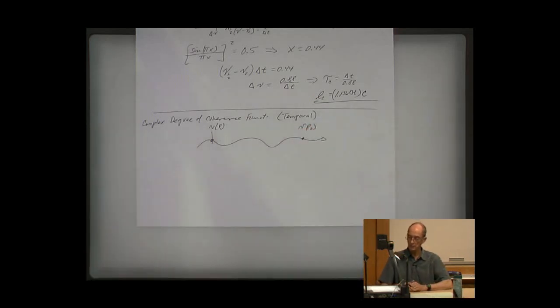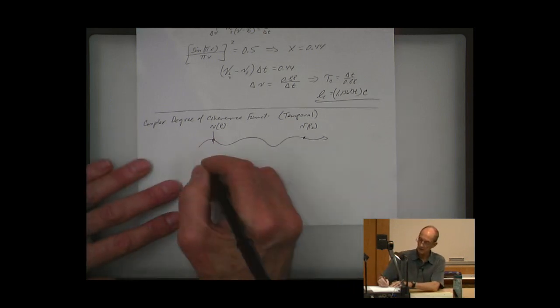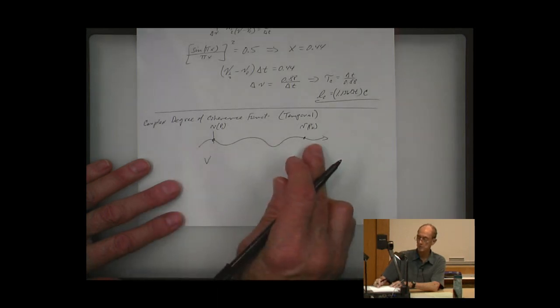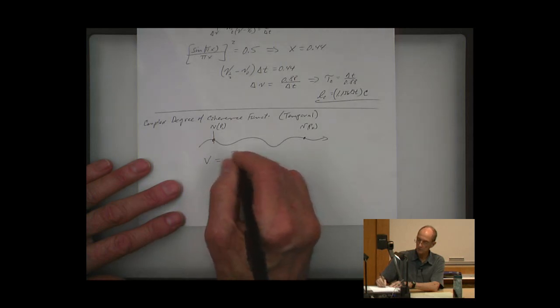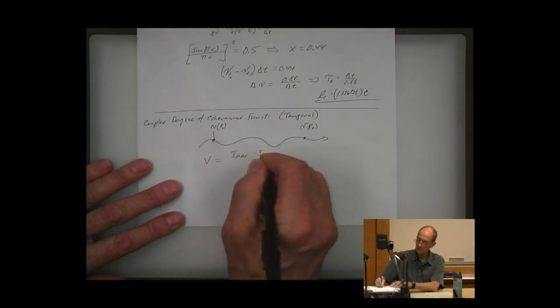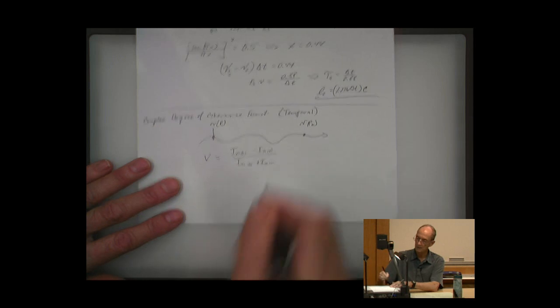We compare those two over some period of time, and we look to see how that phase looks. Does it change with time? Does it stay the same, or is it constant? If it's constant, we have good coherence over that path difference. And we monitor this by putting this in an interferometer and measuring the visibility of our fringes, where we would have Imax minus Imin over Imax plus Imin.